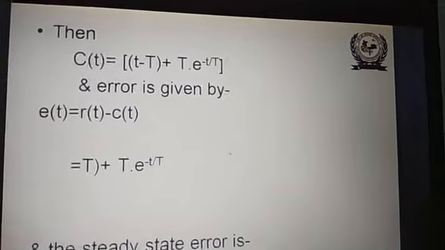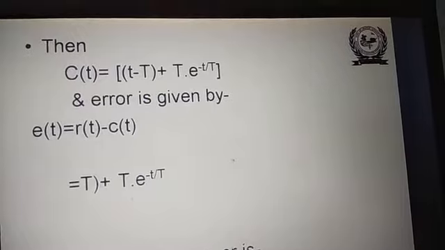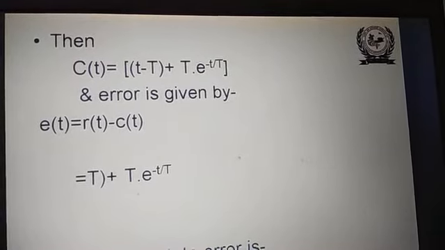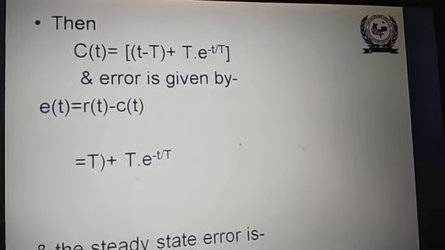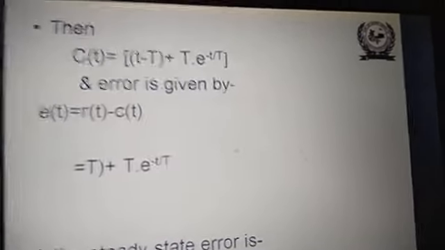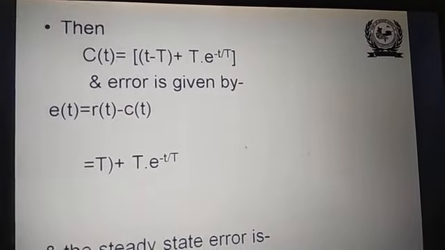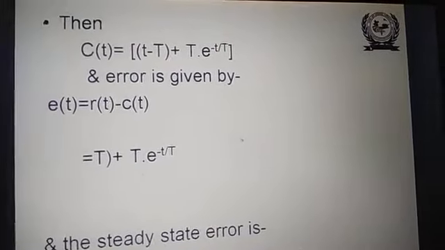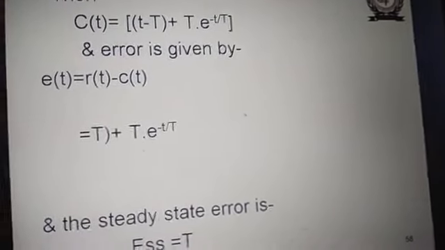If you take the inverse Laplace transform of this transfer function, then it is given by c(t) = (t - T + T e^(-t/T)). And the error signal is given by e(t) = r(t) - c(t). r(t) is the input, the reference input, and c(t) is the output.